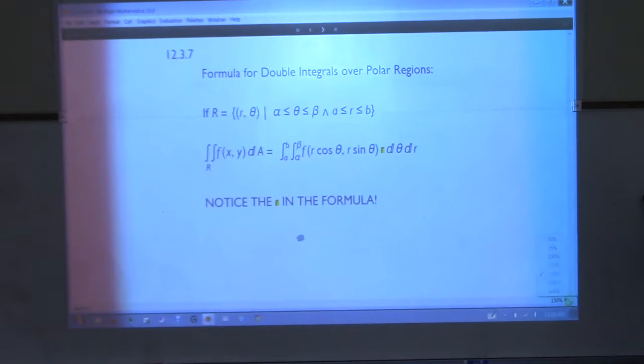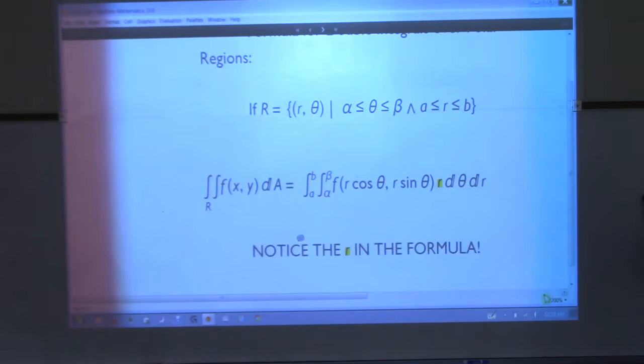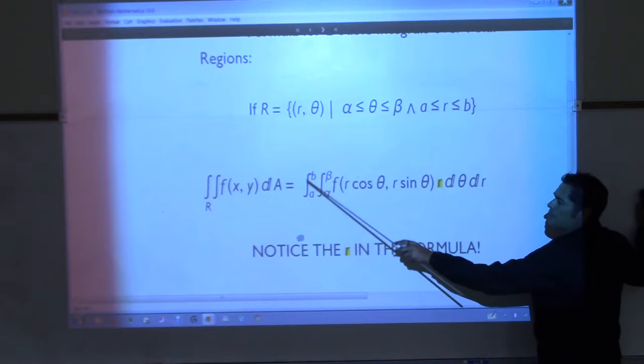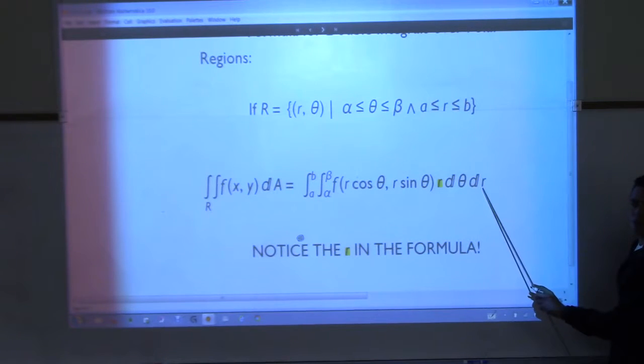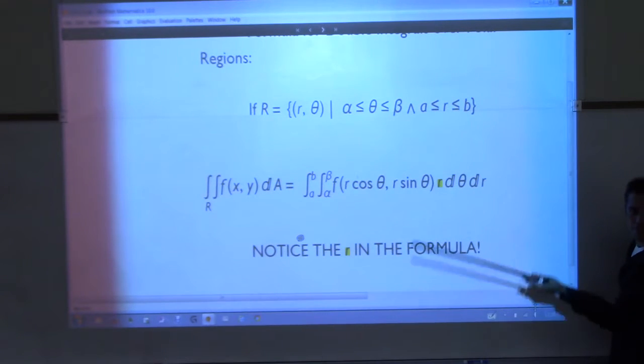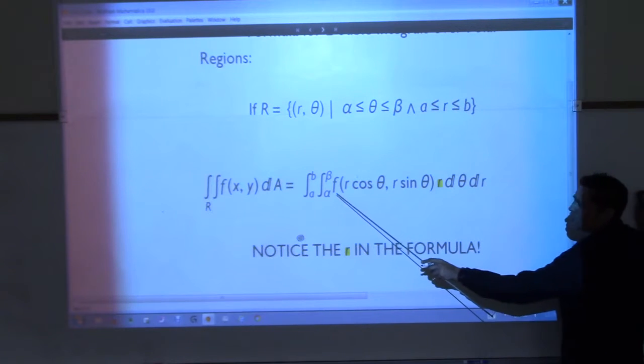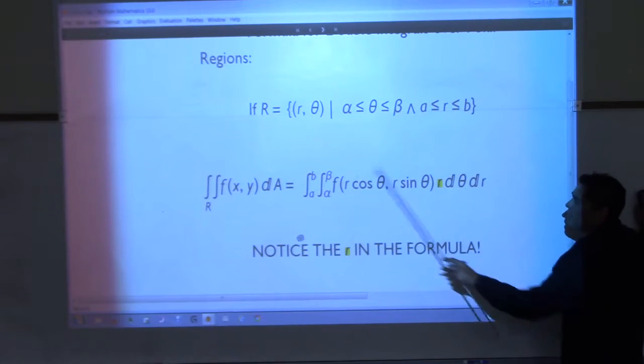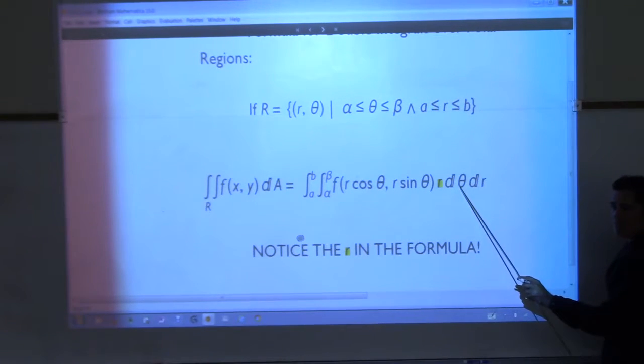That's your outer integral. And notice that the outer integral is dr because the radius is changing from a to b. Then your inner integral goes from alpha to beta, and then d theta is on the inside.